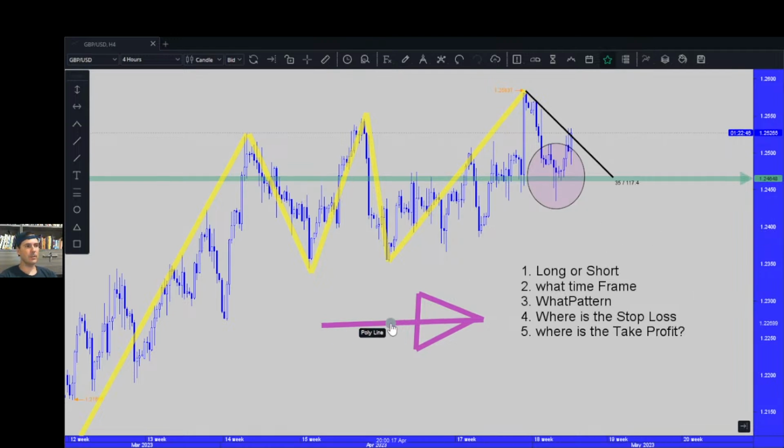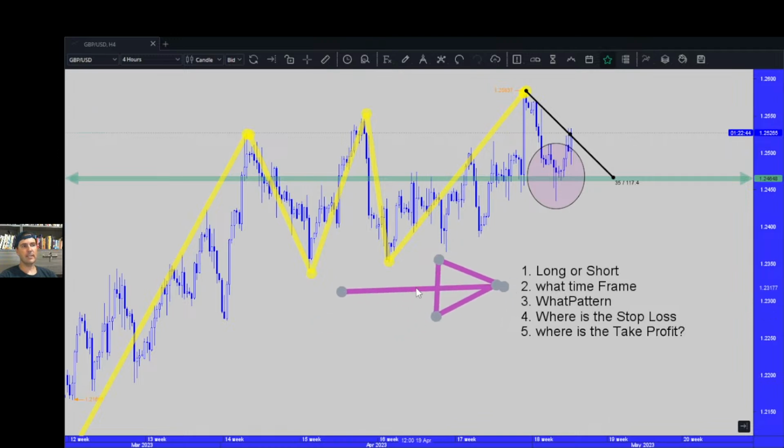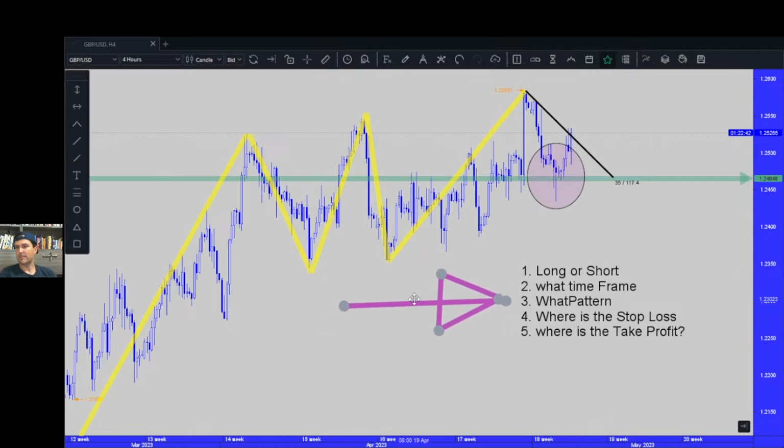Dancy is long, alright. What time frame, Dancy, what pattern? And where is the stop loss and take profit? Everybody, I have 5 minutes, then I need to go. Long or short?